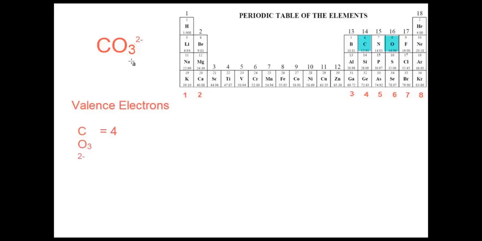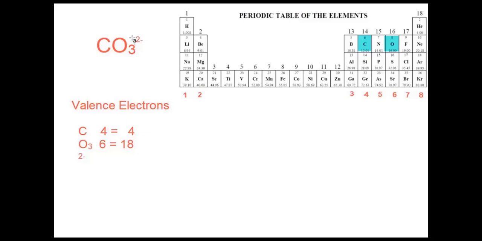We've got carbon and oxygen, and here's carbon in column 4 and oxygen in column 6. So with one carbon, 4 valence electrons, because that's always the first step, how many electrons we have to play with. Next, of course, is the oxygen, which we have 3 of, so we've got 18 more electrons. We're up to 22 electrons now, but there's also one extra thing. This is a charge.